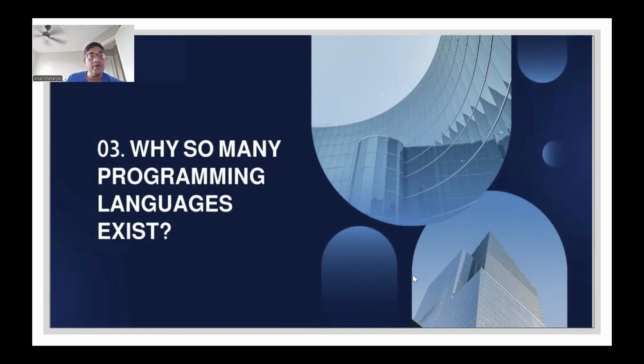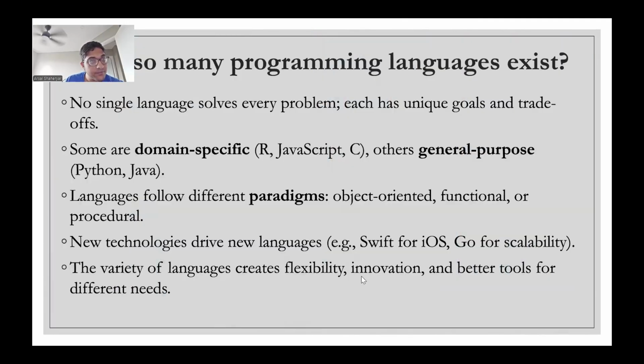Now, you may be wondering why so many programming languages actually exist. No single language solves every problem. Each has unique goals and trade-offs. Some are domain specific, others general purpose.